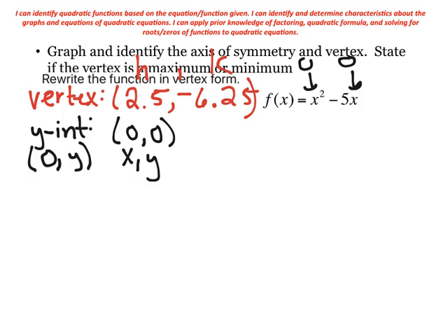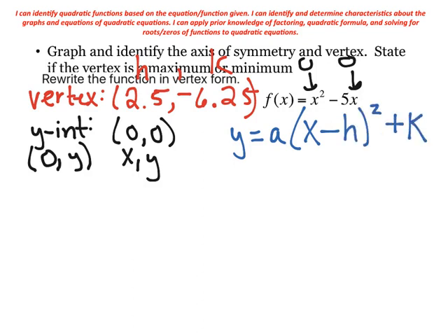Okay? Now, to remind you of vertex form, that is y equals your a term, parentheses, x minus h squared plus k. Now, if you've done what we did last problem and you found the vertex and the y-intercept, all you need to do is plug some things in. So instead of the h value, I can plug in 2.5.